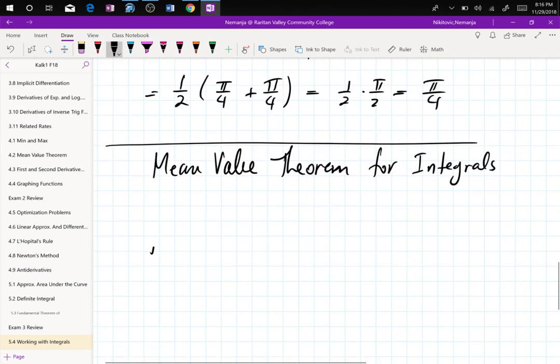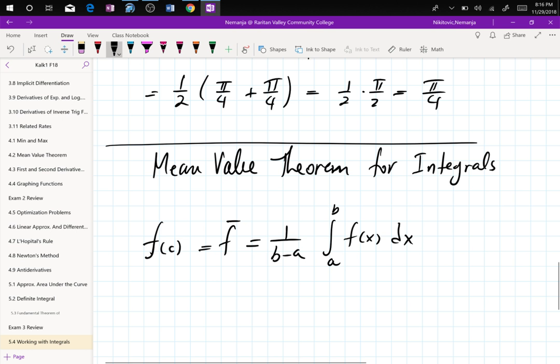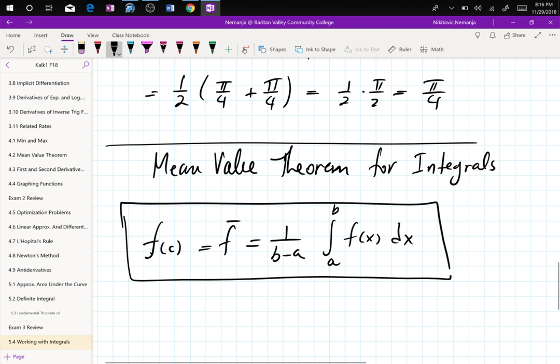And that one says that f of c is equal to the f average, which is 1 over b minus a integral a to b of f of x dx. So this is our mean value theorem. And as you can see, it's the same as the average formula. Done deal.